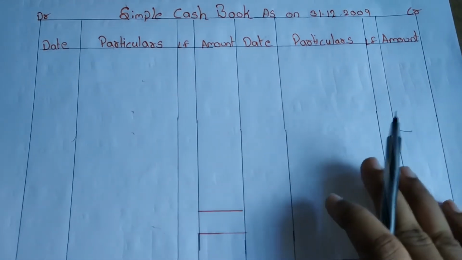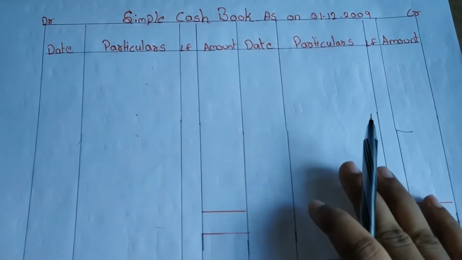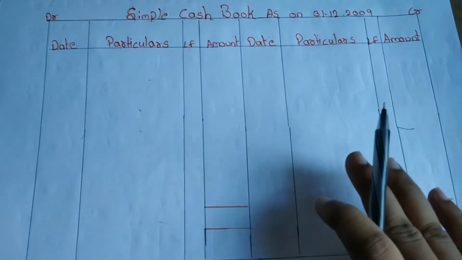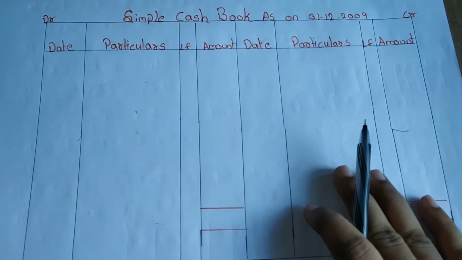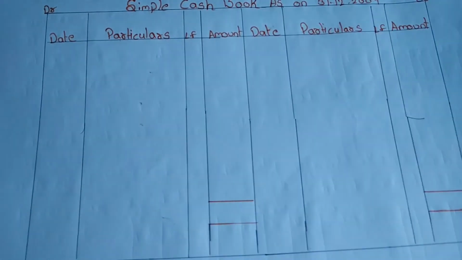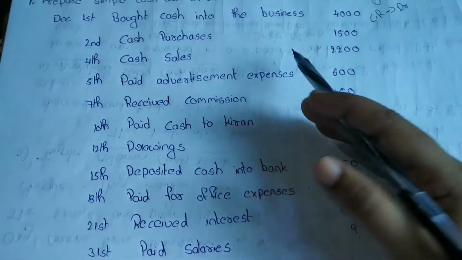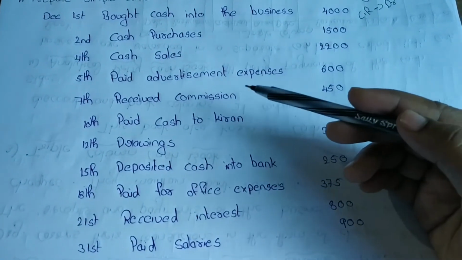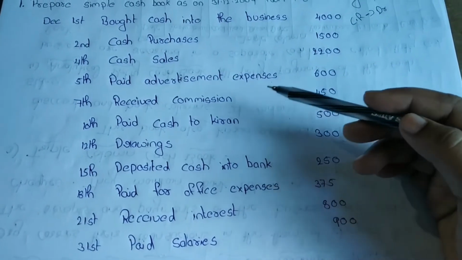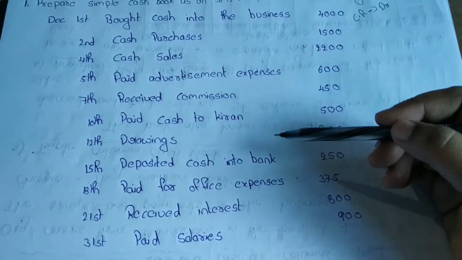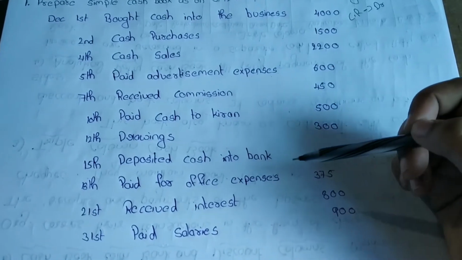A cash payment means we pay cash to others, so cash goes out from our business, and it should be credited. First we have to differentiate which transactions come under cash receipts and which come under cash payments. Then you can easily record them on the debit side and credit side.